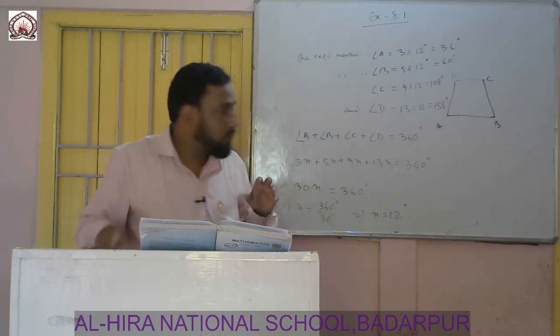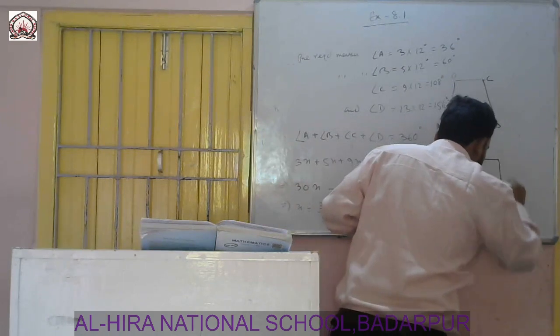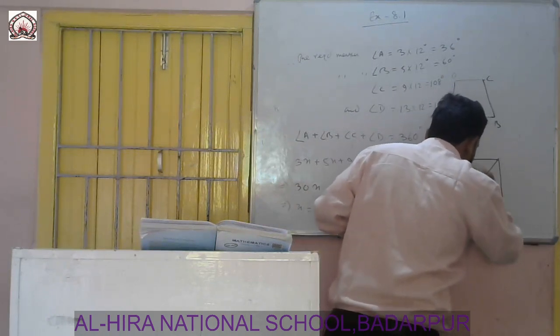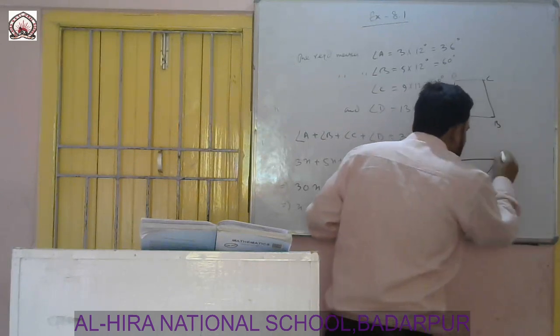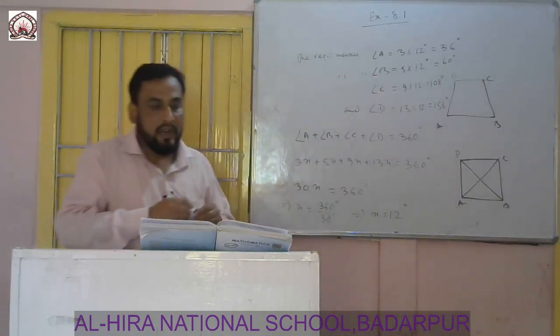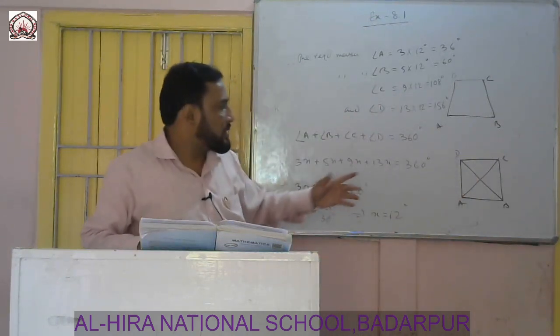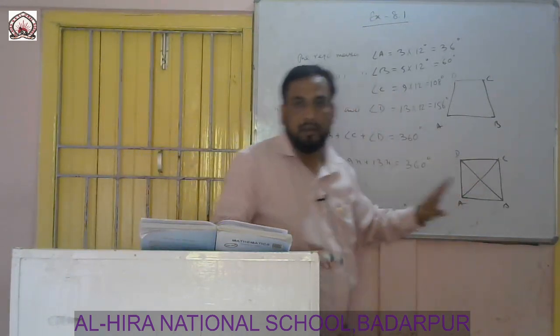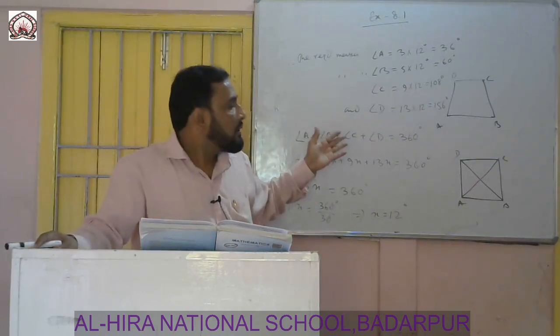you will get four triangles because of the two diagonals. Considering diagonal AC, you will get two triangles ABC and ADC. You will compare these two triangles and show their congruence as I have shown.